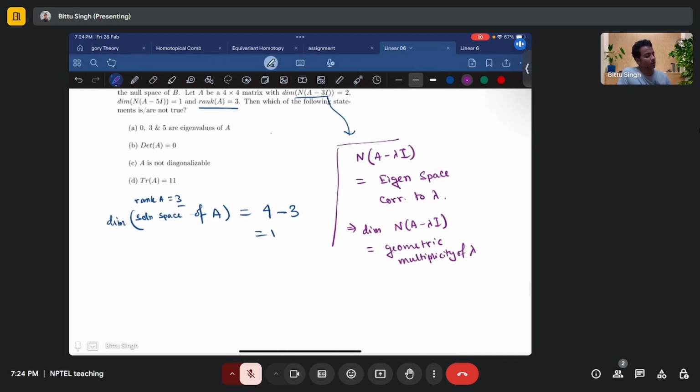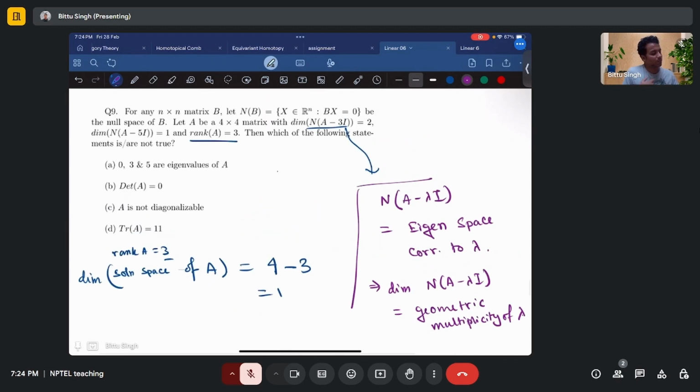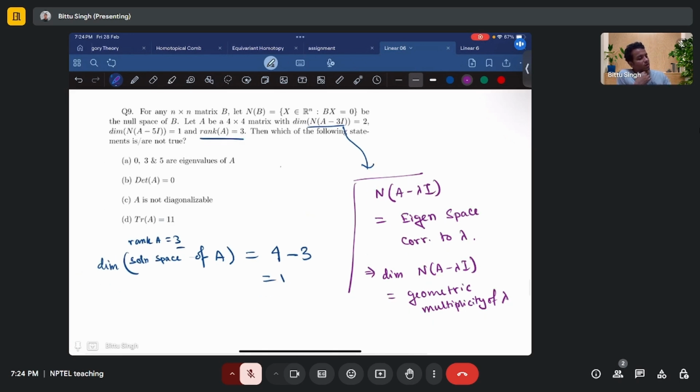So from here it is clear that the dimension is 2, so the geometric multiplicity of lambda equal to 3 is 2. So (x minus 3) whole squared will occur in the characteristic polynomial. Similarly, (x minus 5) to the power 1 will occur in the characteristic polynomial. And the geometric multiplicity corresponding to 0, the solution space of A, is the nullity of A, right?